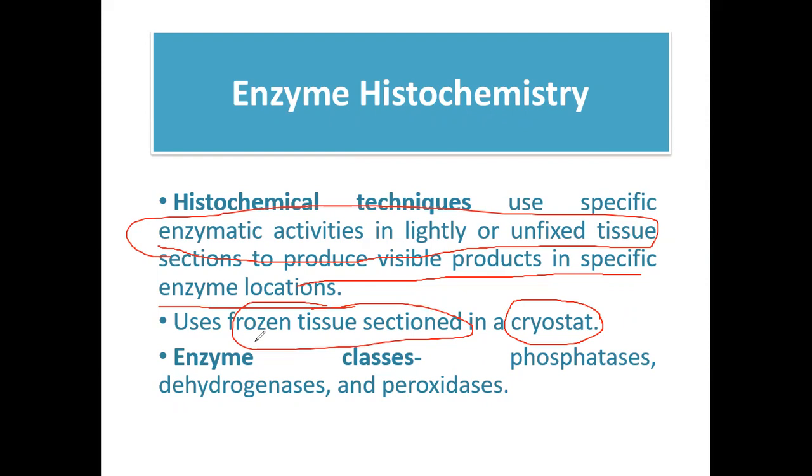We do not do that here, because that would destroy your enzymes. So what we use is a frozen section, instead of tissue processed with routine histotechnics, the fixation and dehydration we discussed earlier. Not like that. So this one is frozen. So we get it, for example, fresh from the specimen of our patient, then we immediately process it in a cryostat. Okay? Examples of enzyme classes used here are your phosphatases, dehydrogenases, and peroxidases.